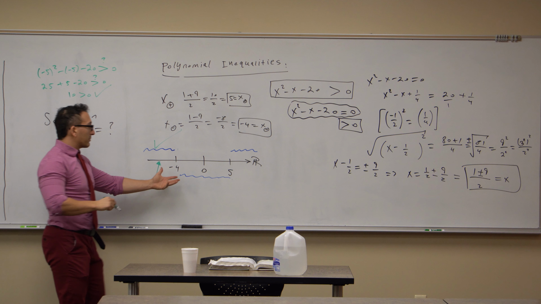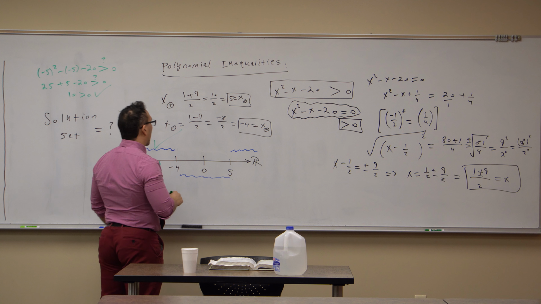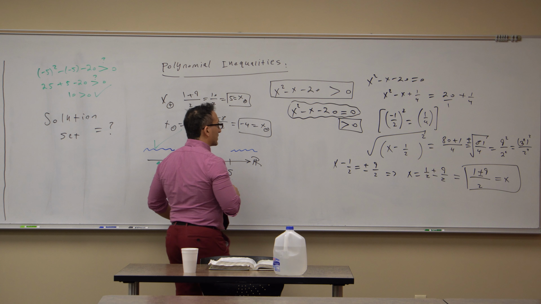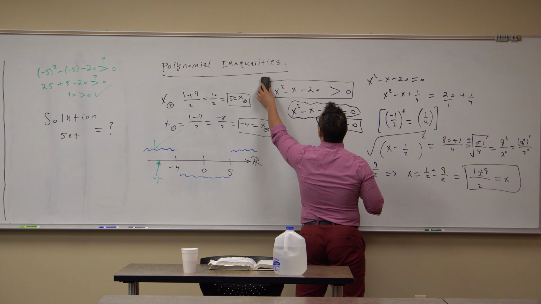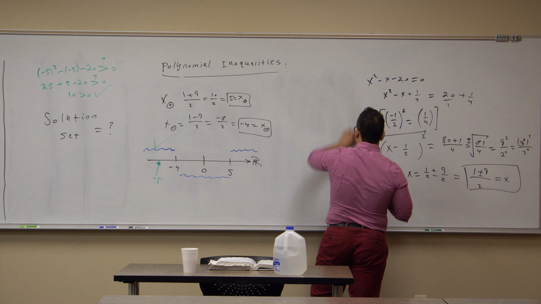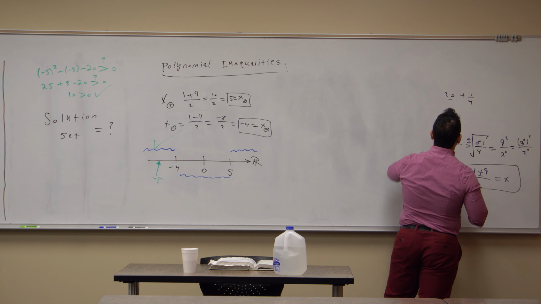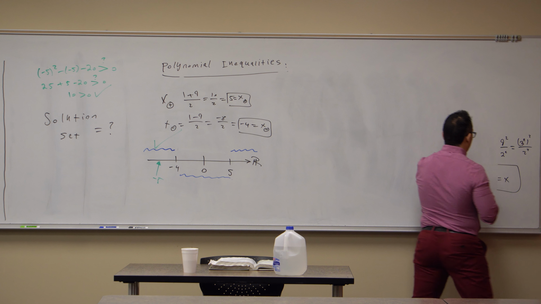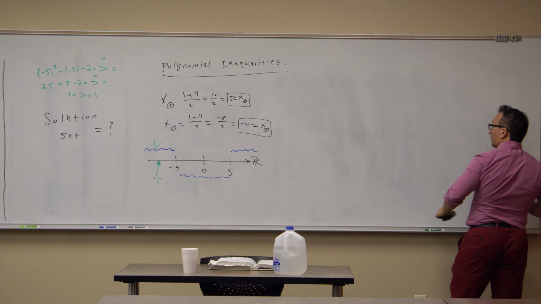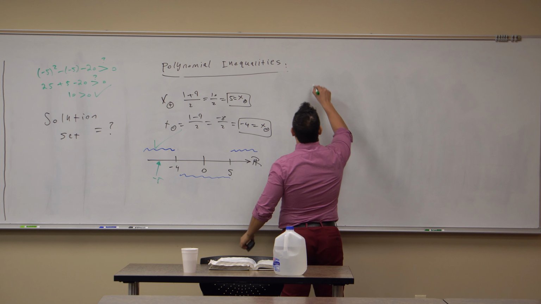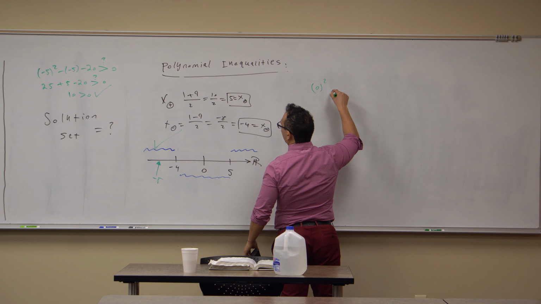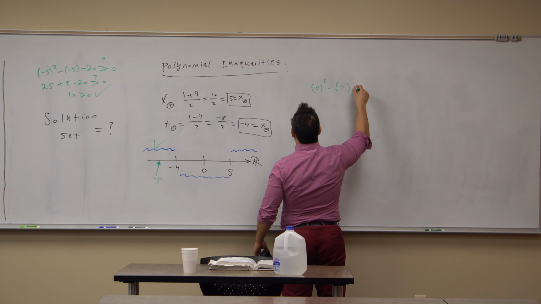Now let's pick a value in between negative 4 and 5. Let's pick a 0. 0 is always an easy number to use. Clear up some real estate here. 0 is easy because when we plug in 0, many of the terms drop. So I'll plug in 0 squared minus a 0 minus 20.